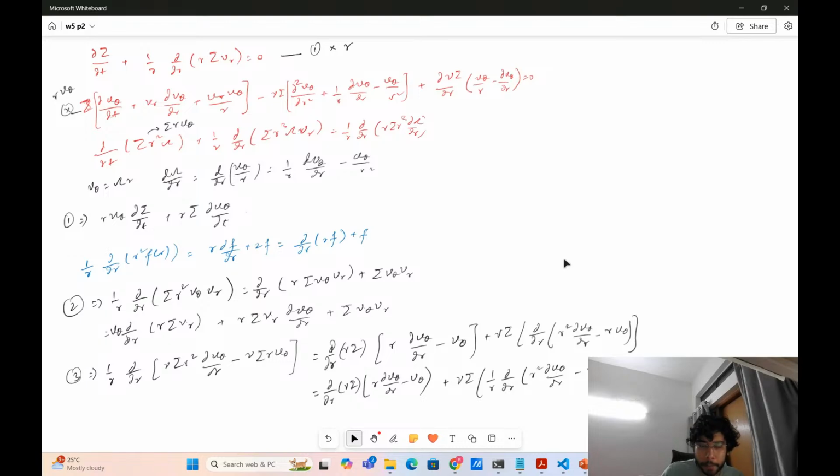Is that right? Oh yeah, there is a 1 by r extra over here, so I missed that. So there will be 1 by r over here. Yeah, now it makes sense.